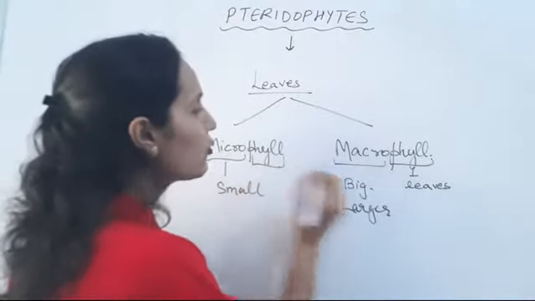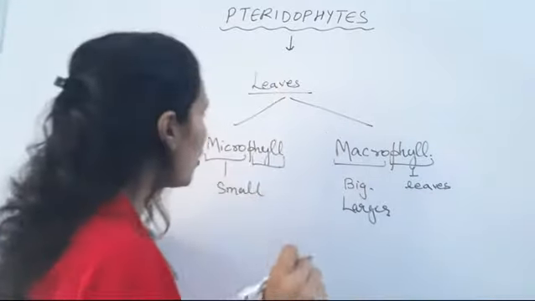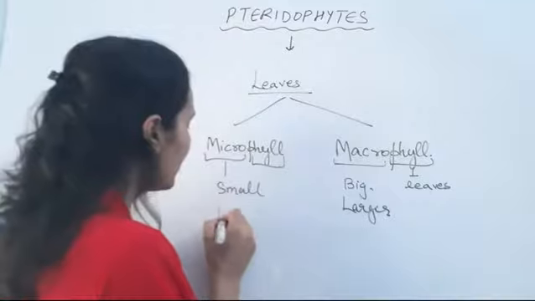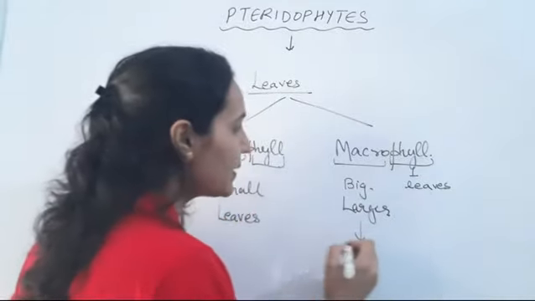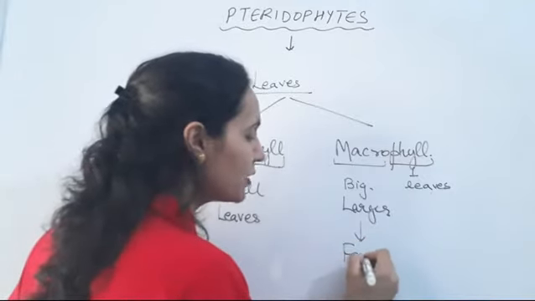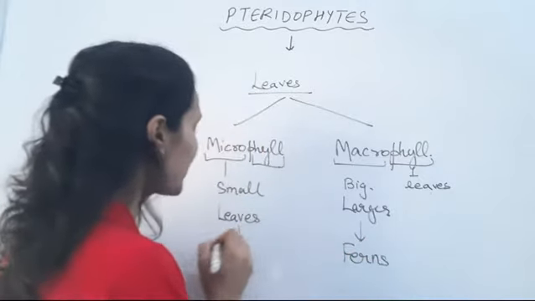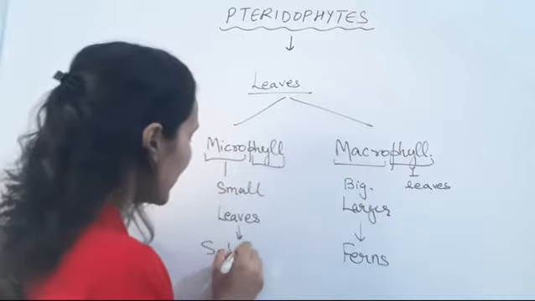So micro means small leaves and macro means big leaves. For example, for the macrophyll it is ferns and for microphyll it is Selaginella.